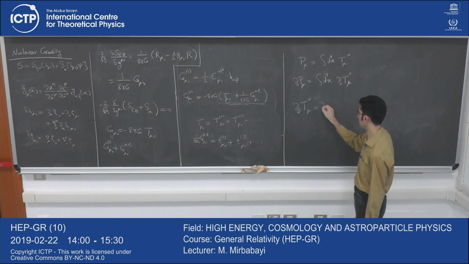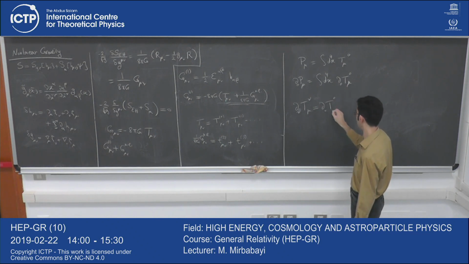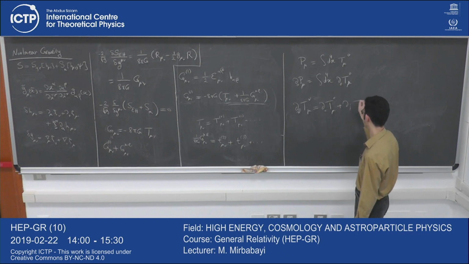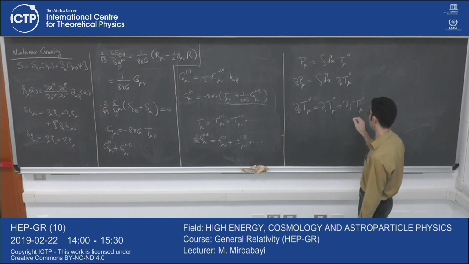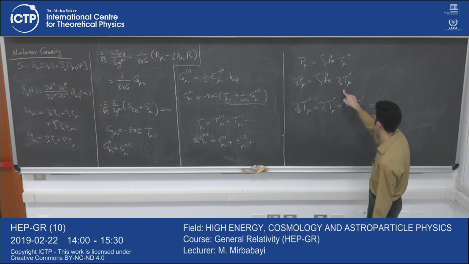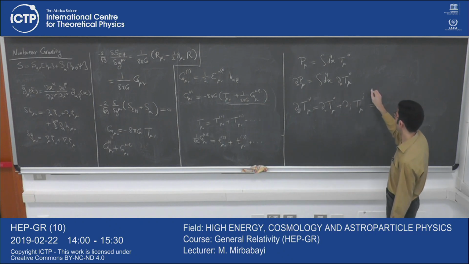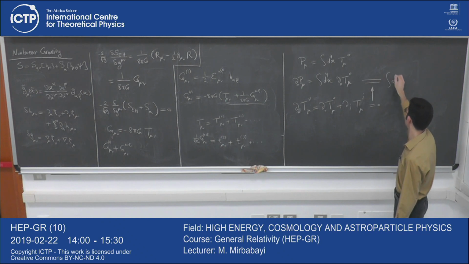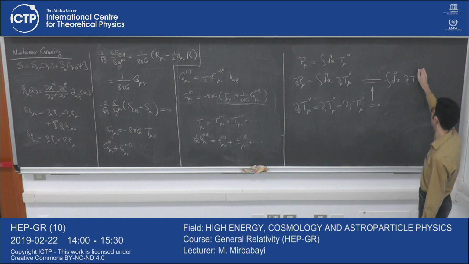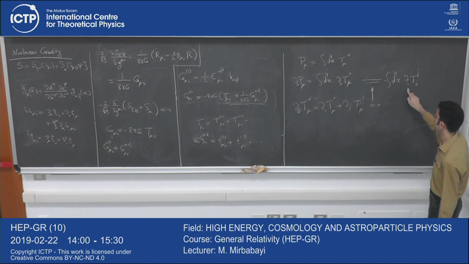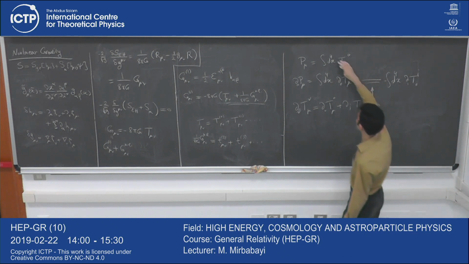By the way, this is equal to d_0 of T^{0 mu} plus d_i of T^{i mu}. So if this is equal to 0, then we can feed it in here, and that becomes minus the integral of d^3x d_i of T^{i0}. Oh, sorry, this was d^3x.